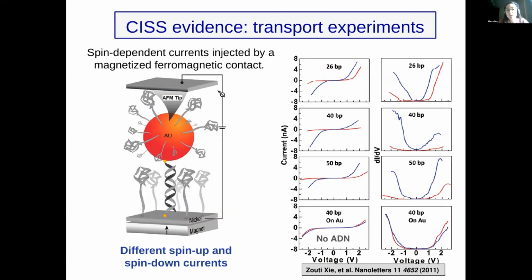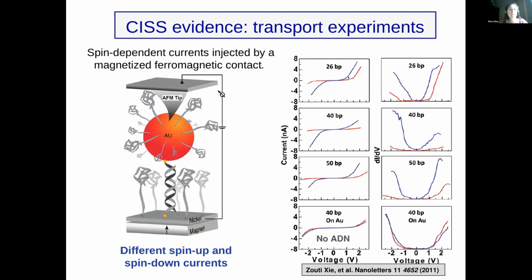One is a gold contact, or a metallic non-magnetic contact, and the other one is a ferromagnetic one. The magnetization of this ferromagnetic contact can be controlled by external magnets, in such a way that depending on that magnetization, you will get a current for electrons with spin up or spin down.